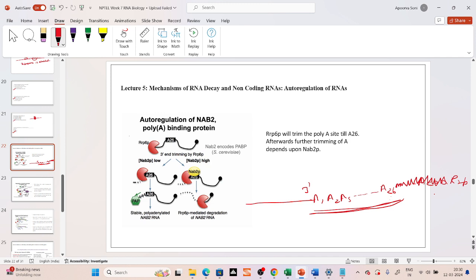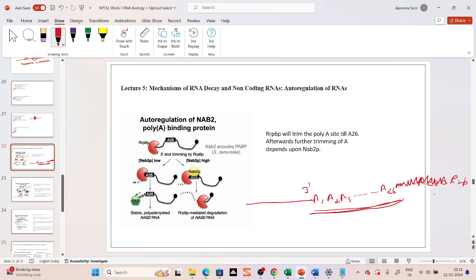If poly A binding protein, which will make the poly A tail, is already present in excess, then these A's can be removed, and then only can NAB2 add more and more poly A tail. But if this NAB2, which will code for poly A binding protein, is very low, then if this RRP6 cleaves these 26 A's also, nothing would be left. So that is why the trimming will depend upon the concentration of NAB2.